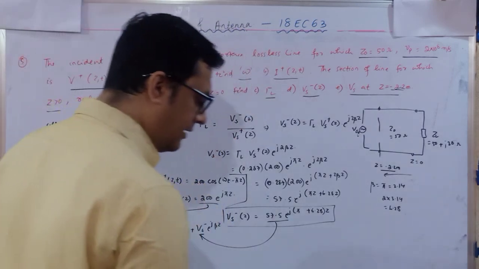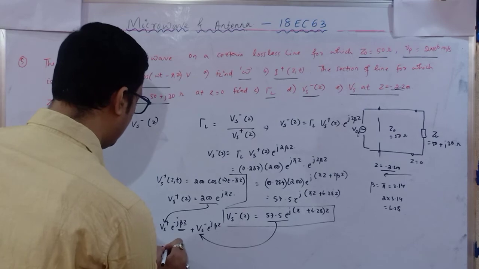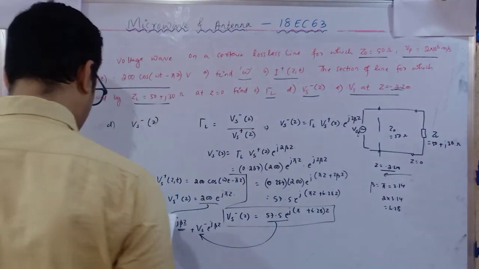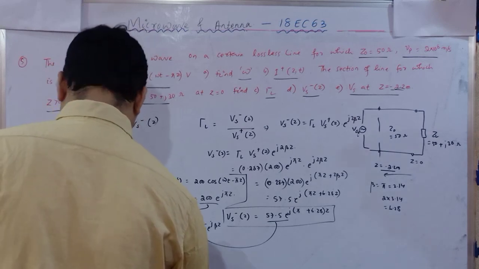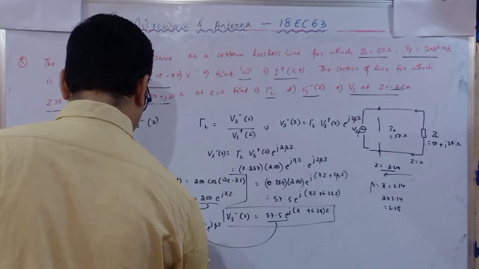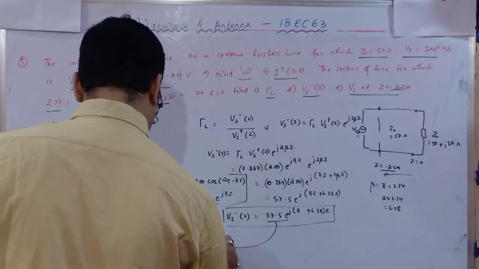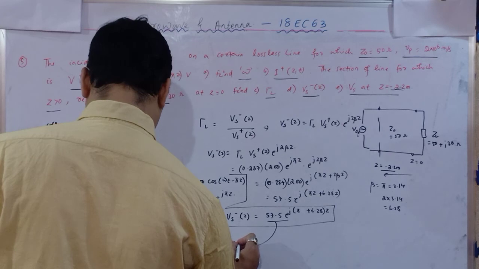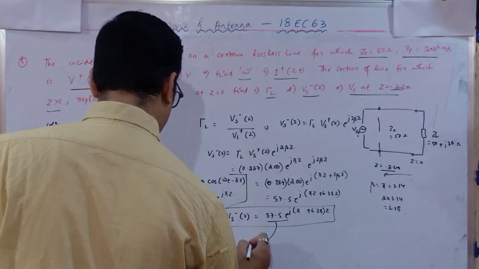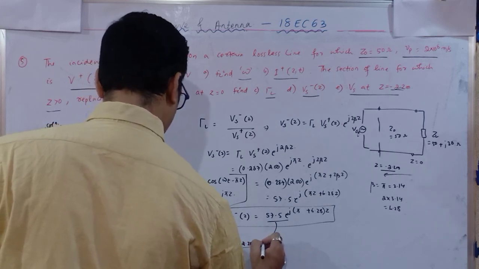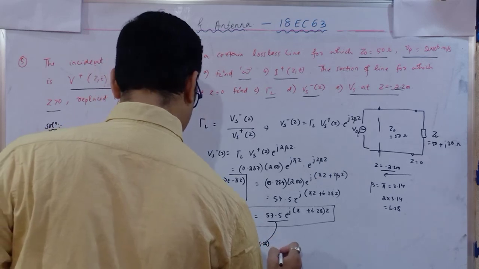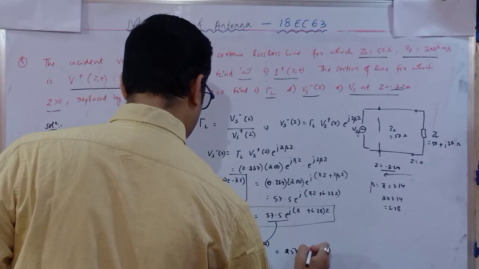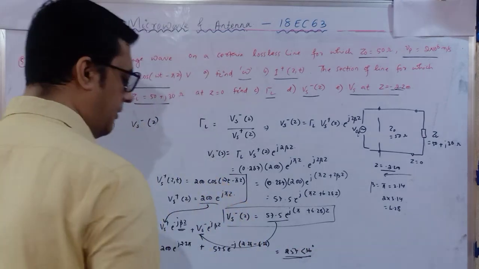So the potential you will get is around 200 e to the power j 2.2 pi plus 57.5 e to the power minus j 2.2 pi minus 6.28, which equals 257 angle 36 degree. So this is your Vs.